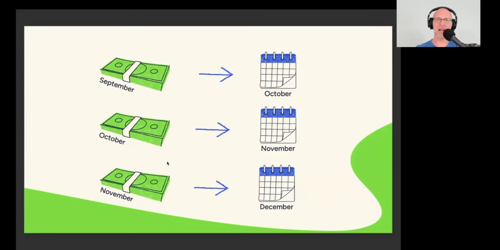So I hold on to those dollars, I save them, and then that becomes the money that I end up spending next month in May. So I've got 30, 45, maybe even 60 days between when I earn money and when I actually end up spending that money. And again, the more distance we can put between earning and spending, the more flexibility, the more stability, the more security that we have.